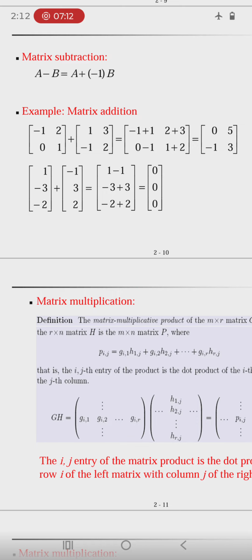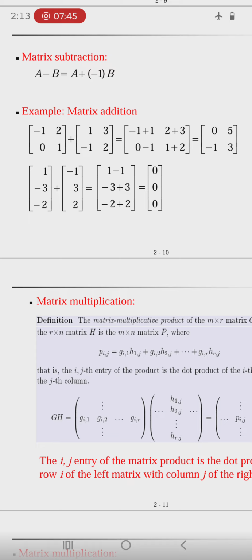Matrix subtraction: A minus B equals A plus minus 1 times B. A and B are matrices, and to subtract the two matrices we use the form A plus minus 1 times B. Minus 1 is multiplied into all the entries of matrix B. Matrices of different orders are not applicable for matrix subtraction.